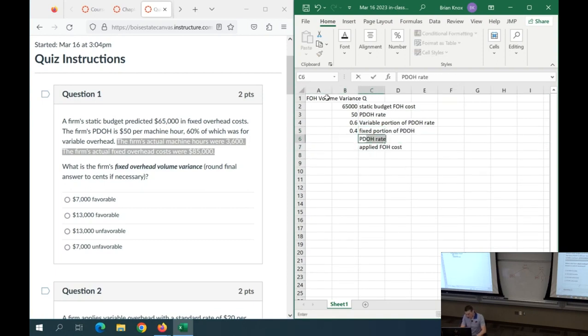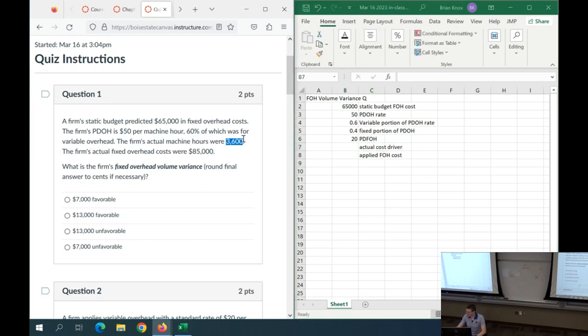So the PDFOH is the overall PDOH rate times the 40% that is referring to fixed overhead costs. So for every machine hour, we are allocating to the job or the order or the unit $20 of fixed overhead cost. And our actual machine hours, which is our cost driver in this case, is right here, still highlighted, 3,600.